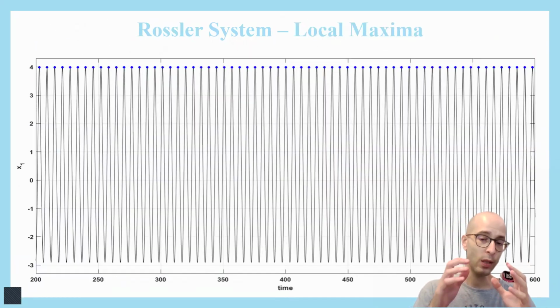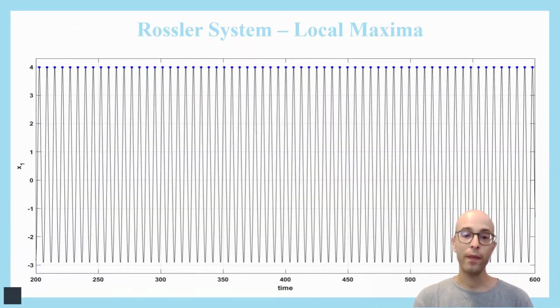So here, for example, I have the first state of the system, I discard the transient, and I plot the local maxima. You will see that the local maxima are the blue dots right here. So what do we observe? Basically, all the local maxima are the same value, which is very close to 4. So from that graph, we can evaluate that for this case, the system is periodic and it has a period 1.